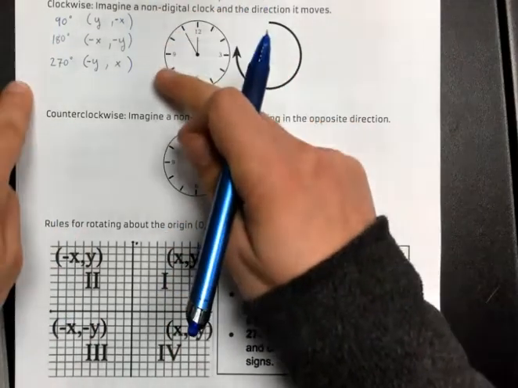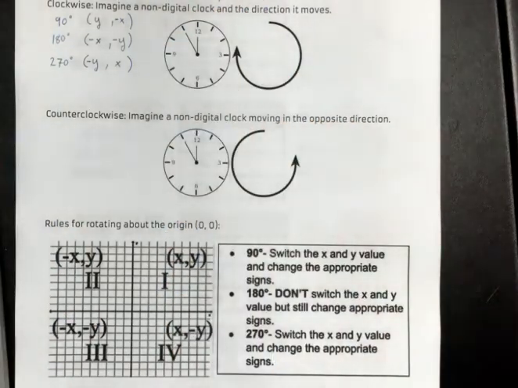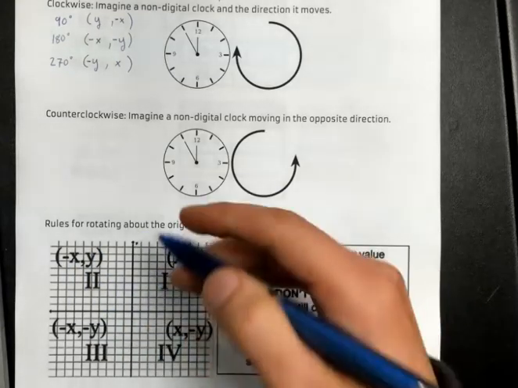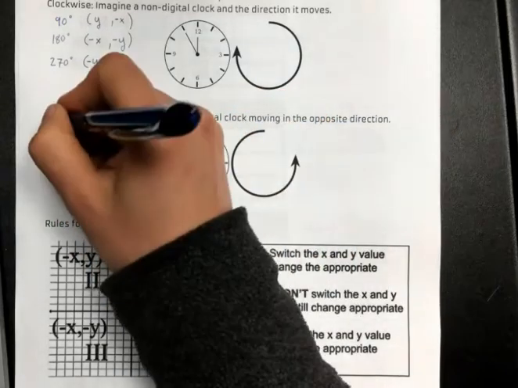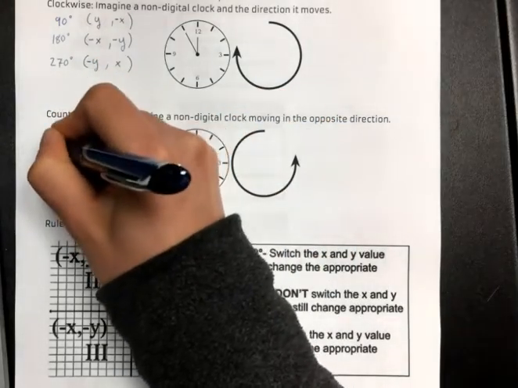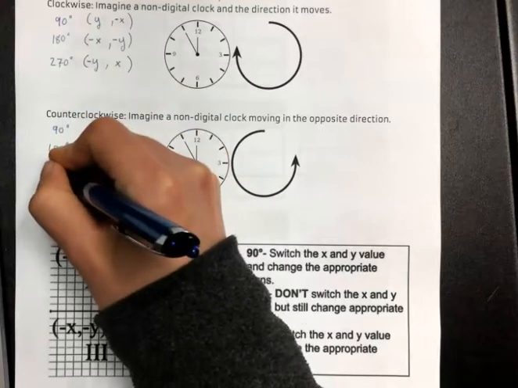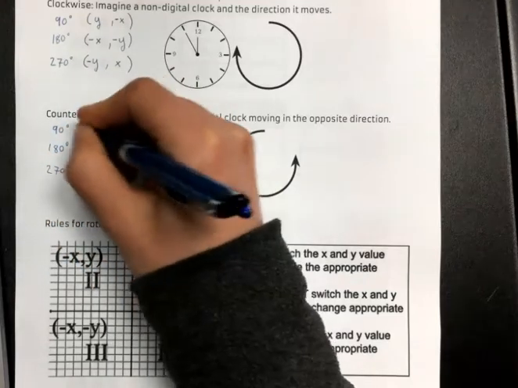Now that I have this cheat sheet, I can apply it all the time. I don't have to go back and think about how this is going to change my signs. I'm going to use this cheat sheet on all of my problems. I'm going to do the same thing here: 90 degrees, 180 degrees, and 270 degrees.